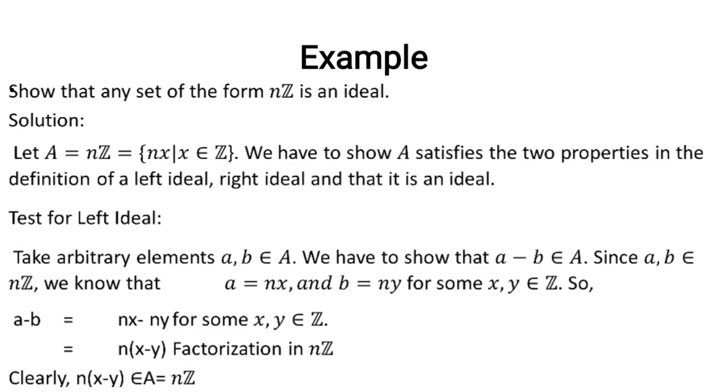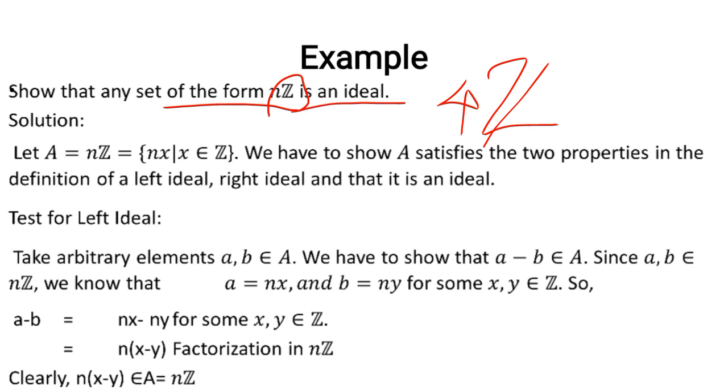Okay, so let's move forward. We start with examples. The first example says we should show that any set of this form, so it could be multiples of 4, is an ideal.